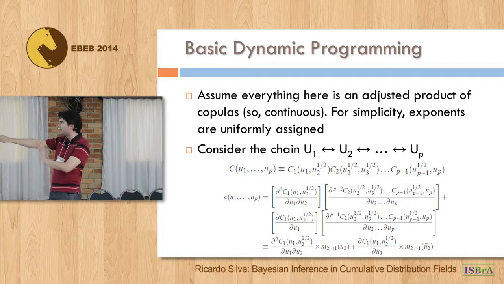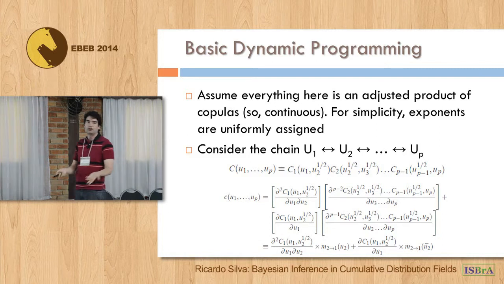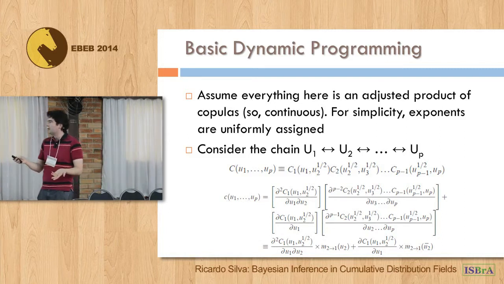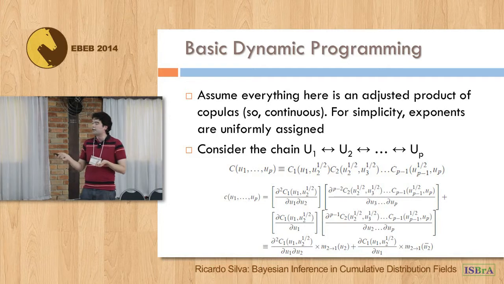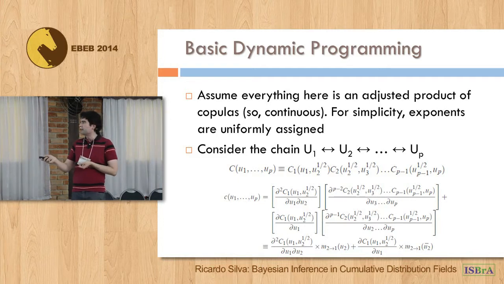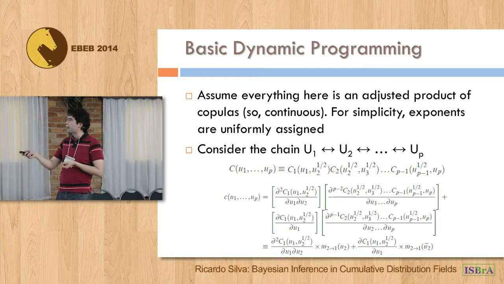But suppose I just give you this product of CDFs. How do I get the density function of this copula? Well, we can apply the chain rule, the product rule here, to differentiate this with respect to each one of the arguments. Differentiate with respect to U1 in the first factor, it will be fine, U1 doesn't show up anywhere else.